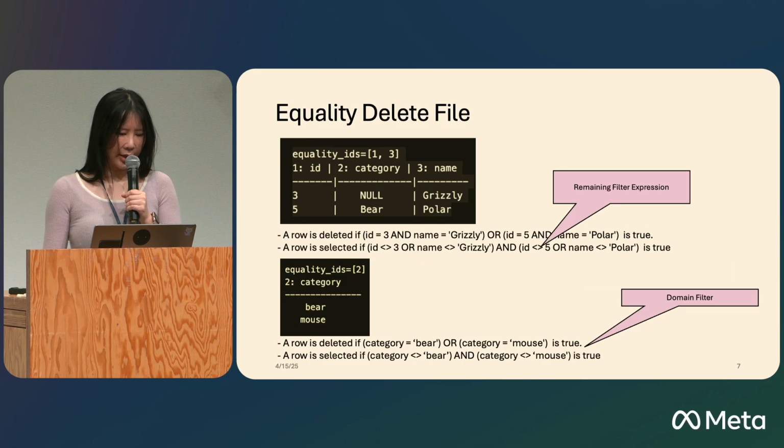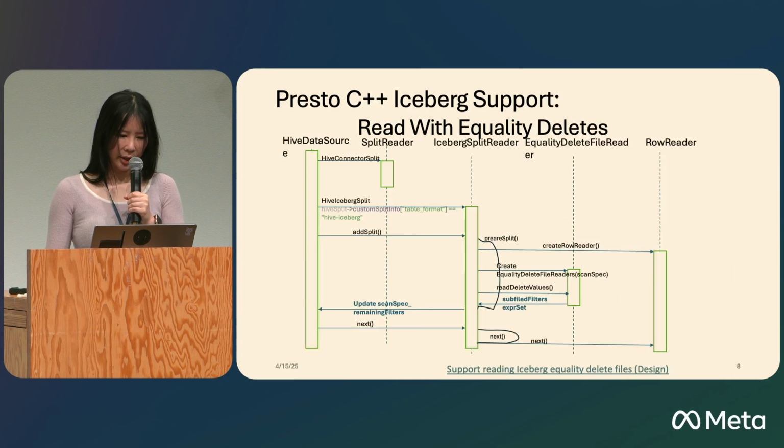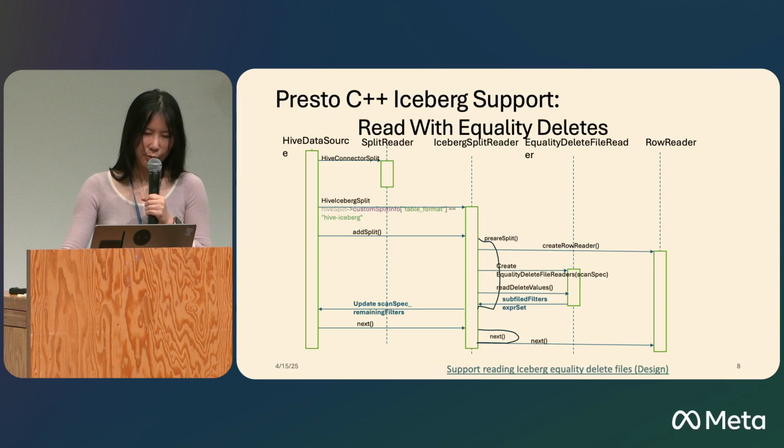If it's a single column, we transform it into a not-in filter with special handling of nulls, and this can be pushed into the reader.